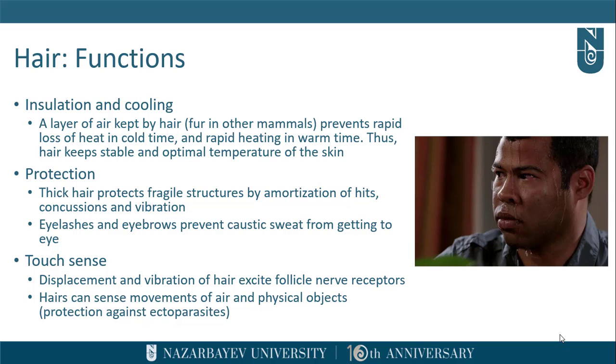They are all because each hair follicle is innervated. They have nerve supply there, nerve endings, and mostly the insulation purpose by hair is to trap the air and to have a layer of air so that it will keep the body temperature.